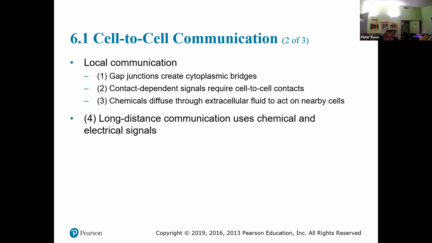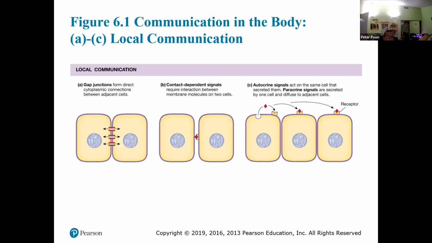The easiest form of communication for the cell is local communication. Let's take a look at local communication here. Number one, gap junctions.